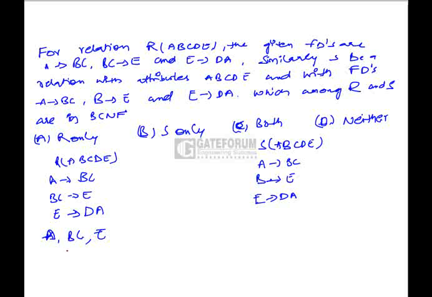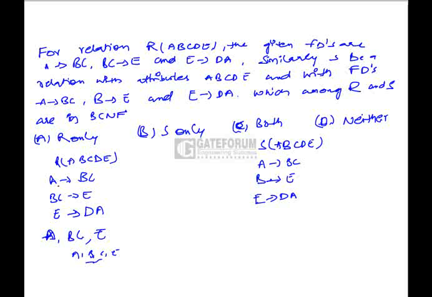So here the key attributes are A, B, C, E, and there are no partial dependencies and no transitive dependencies in the FD set. Partial dependency is nothing but part of the key determining a non-key.